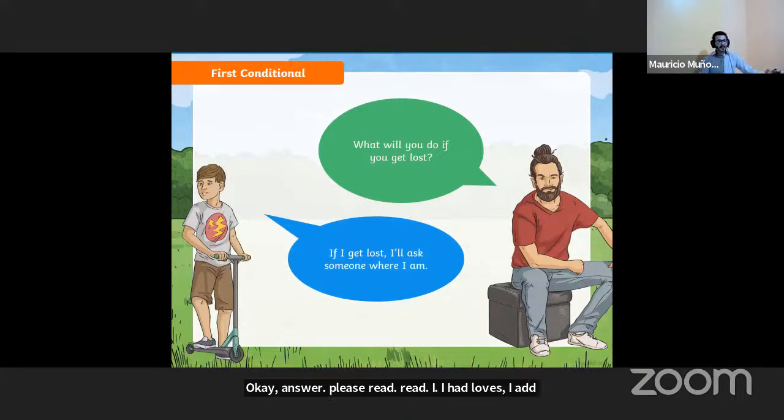Okay, but don't forget, the first word is if, not I. If is the conditional, okay? If I get lost, I ask someone where I am, right? This is the first conditional. Observe the first conditional. If I get lost, I'll ask someone where I am. Good. Let's continue.